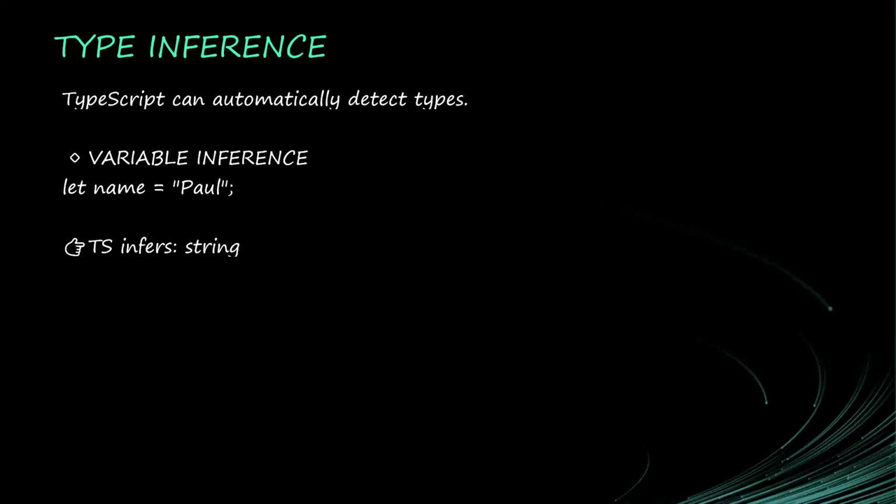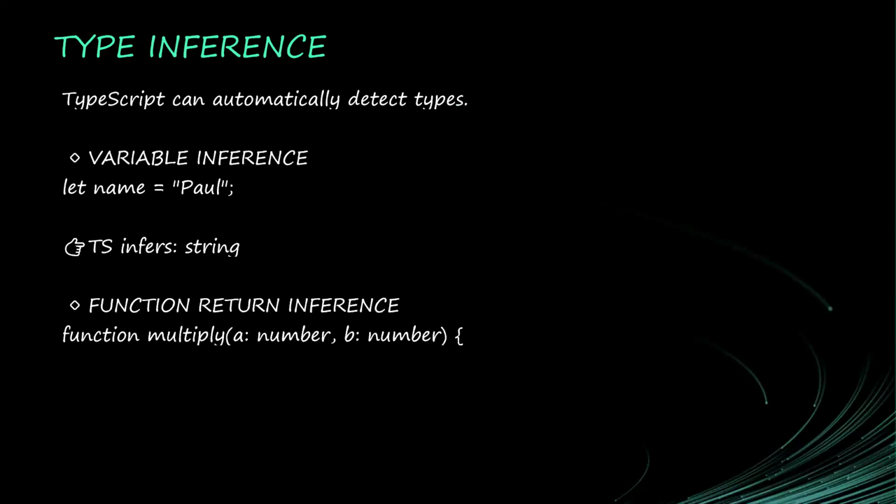TypeScript will infer it to be string. So whenever a function, in this case now, we did not specify the return type. But TypeScript is going to infer that it is a number because look at it. The inputs are numbers, and there is a multiplication between the two inputs. So TypeScript is going to infer that it is a number. Let me show you.